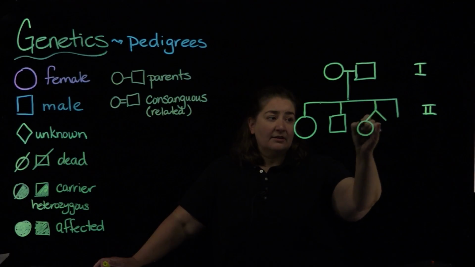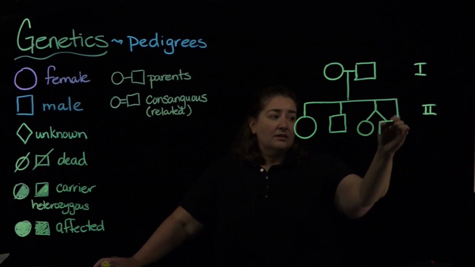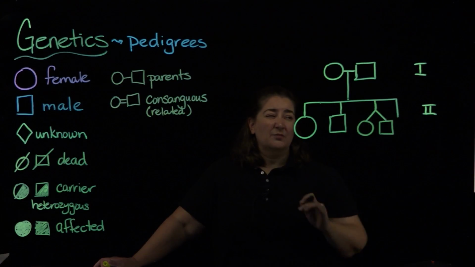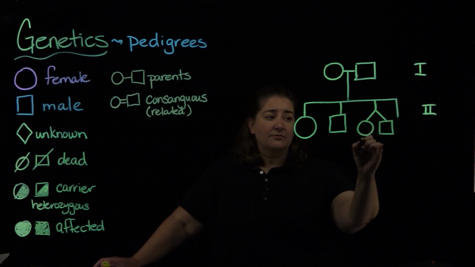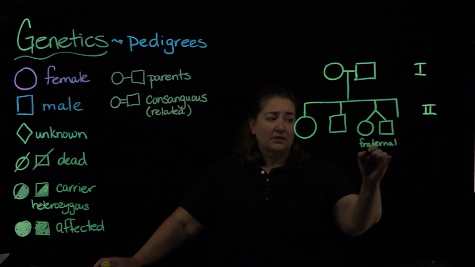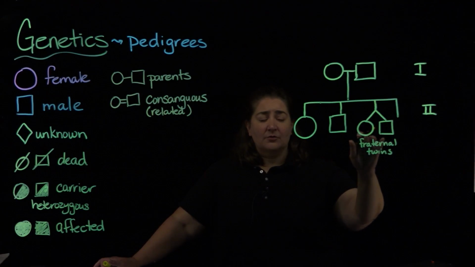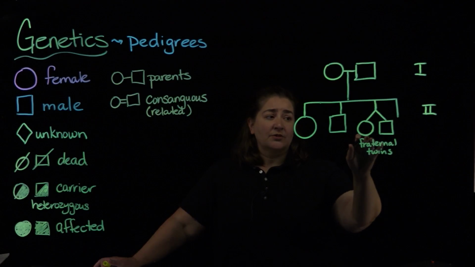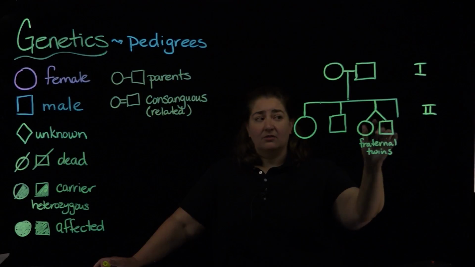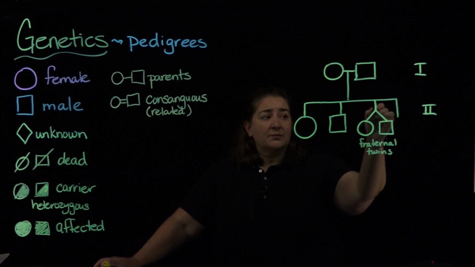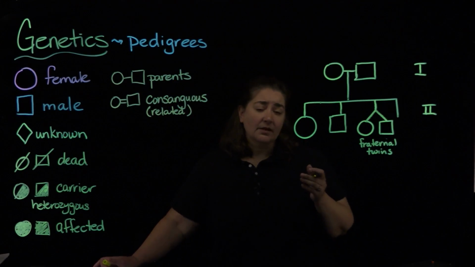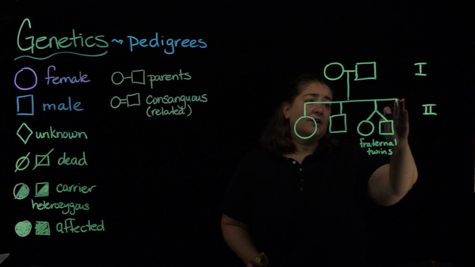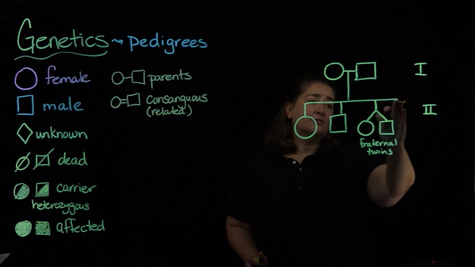Now in this case, this particular set of branching indicates a set of fraternal twins. I've drawn these in just to demonstrate that there was a female and a male child born. You can have fraternal twins that would also be female-female or male-male. What you're looking for is this particular branch to indicate that what you have there is fraternal twins.